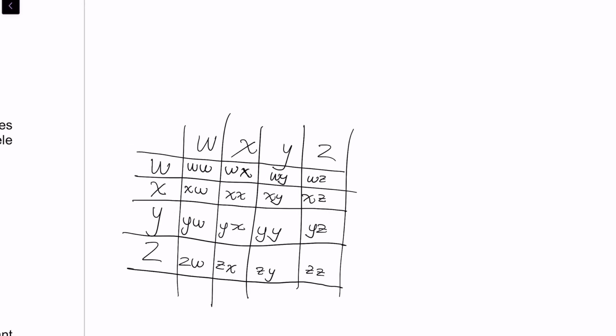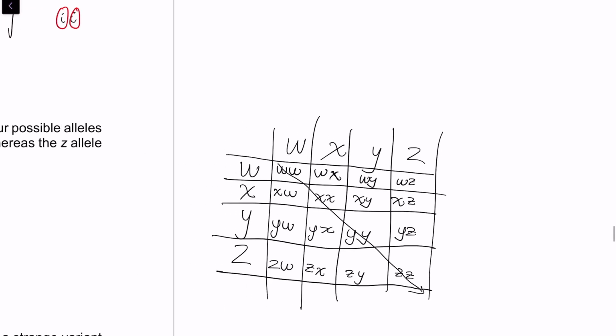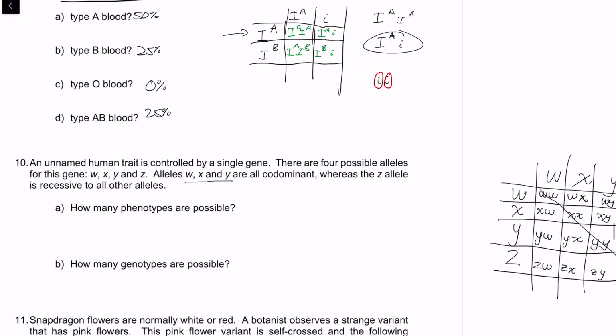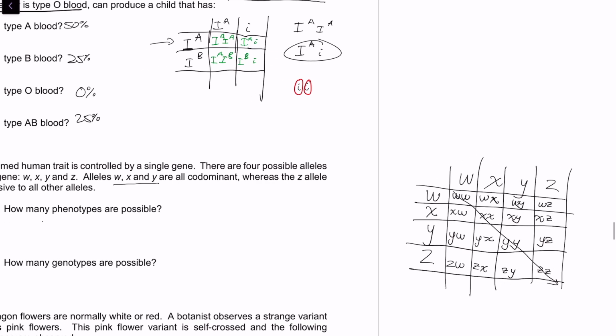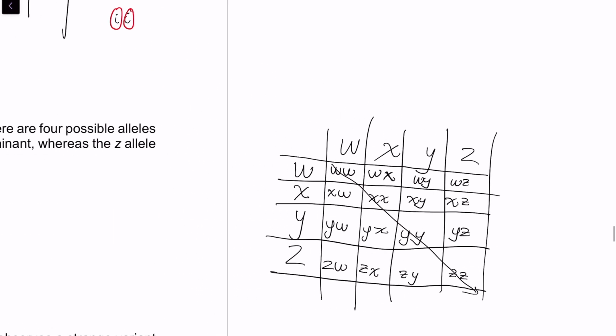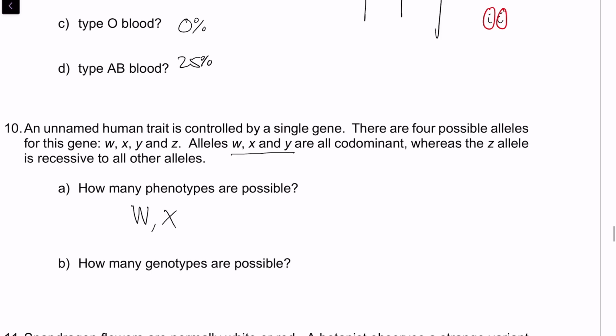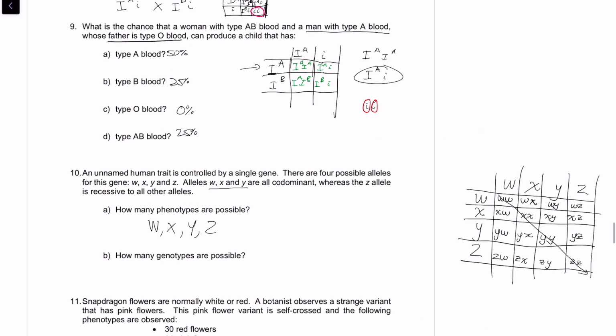We can see that we have four phenotypes along this diagonal here. Say we have just a double, homozygous for each letter, so that's going to give us W, X, Y, and Z.